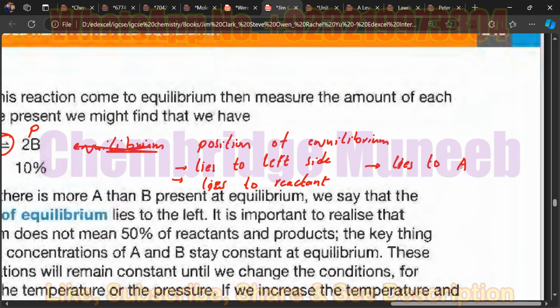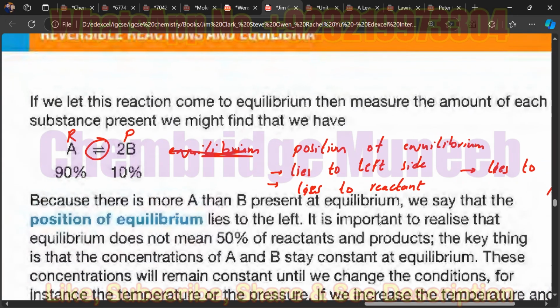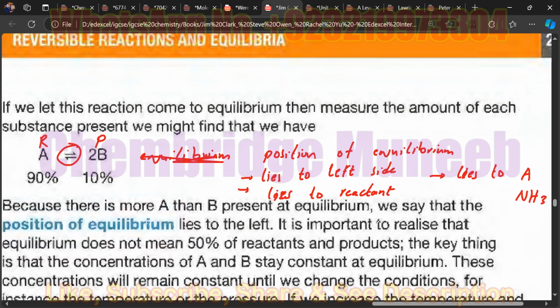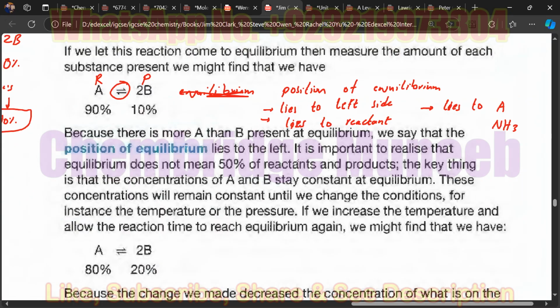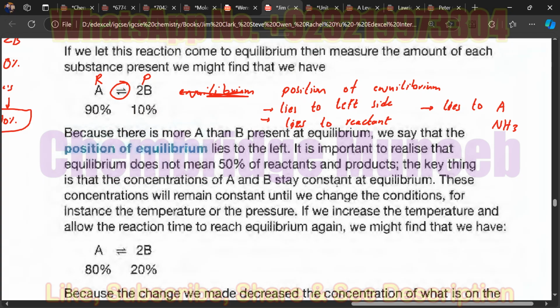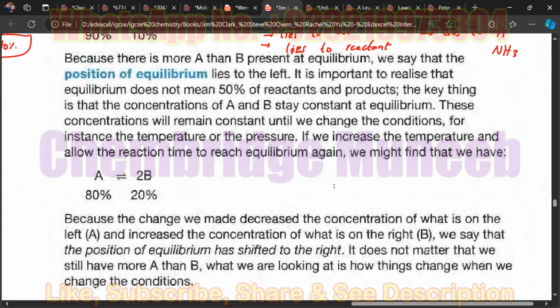Or if A was representing, let's suppose, ammonia, then we will say position of equilibrium lies to ammonia. Is that clear? Yes. Okay. So that's how we say the position of the equilibrium.